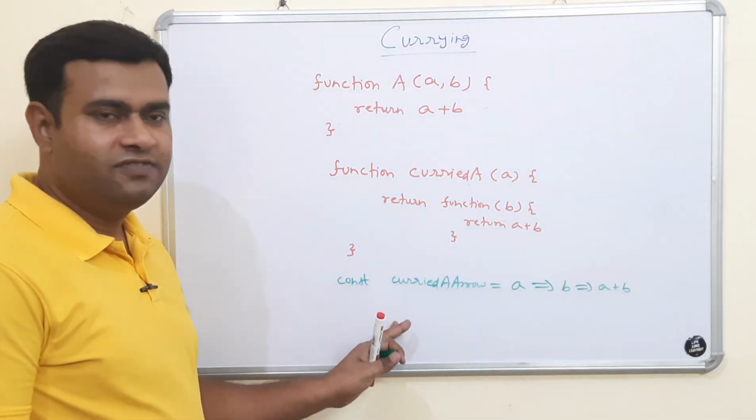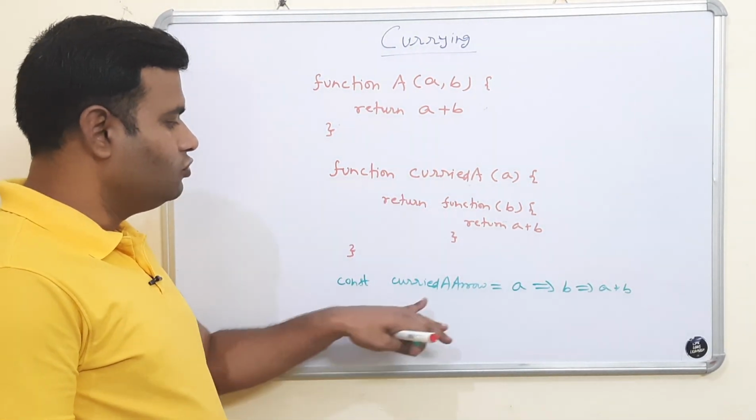So this is the concise version of the curried function using the arrow function.